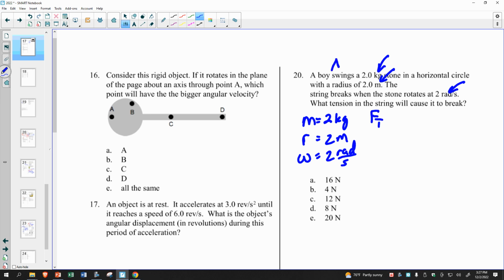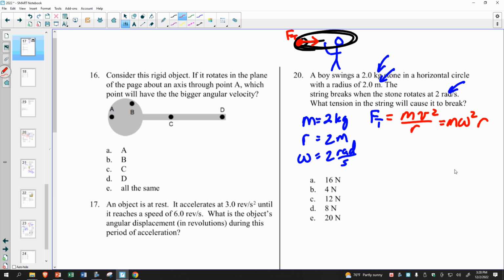And then I can draw a picture. It doesn't have to be a pretty picture, but I have this thing that's rotating in a circle like that. And I know that at any point the force right here is the tension that's pulling, the string is pulling that object, and that tension is equal to my centripetal force, which is m v squared over r, or in this case, it's easier to think of it as m omega squared r.